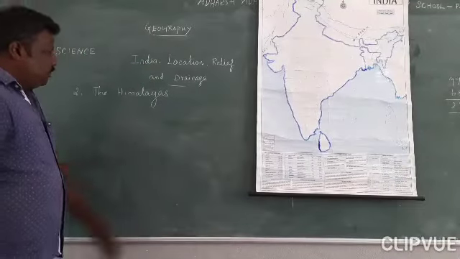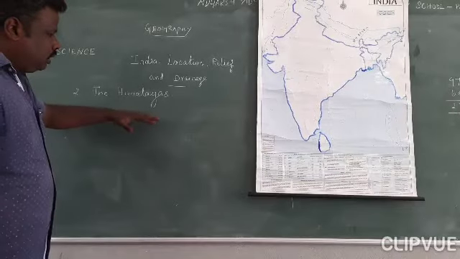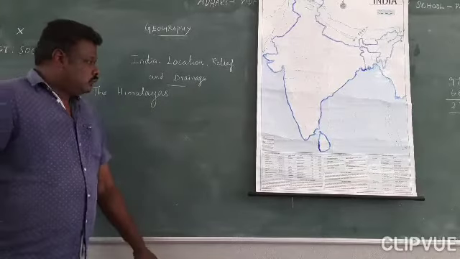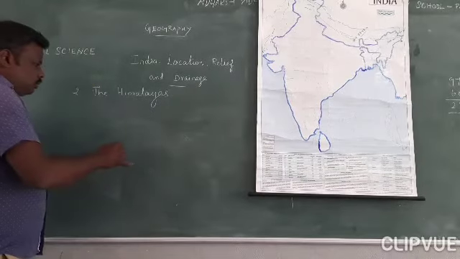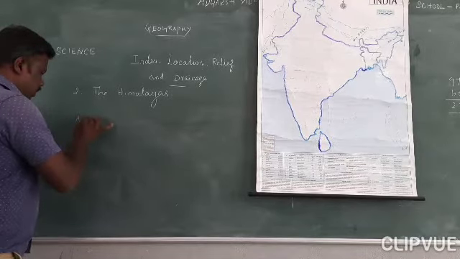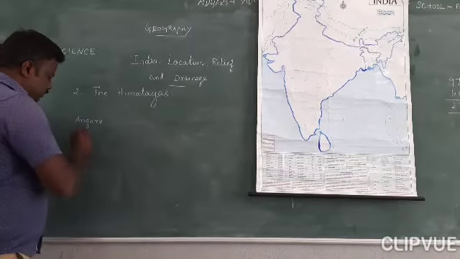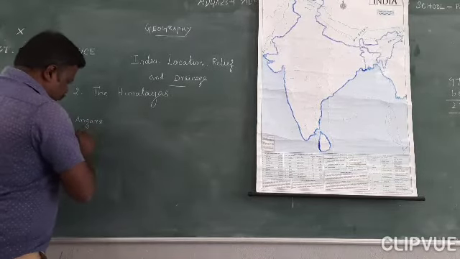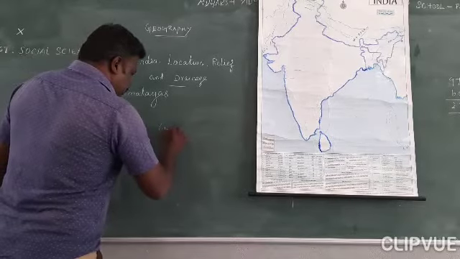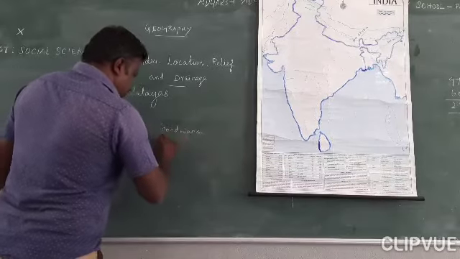Next, see the Himalayas. So how was the Himalayan mountain formed? You see, million years ago, there was a landform called Angara. Gondwana is also a landform.